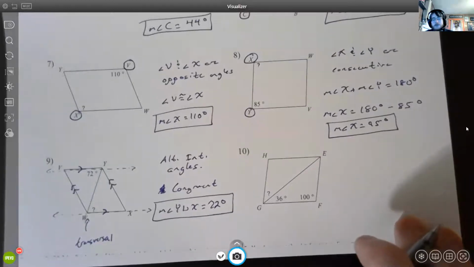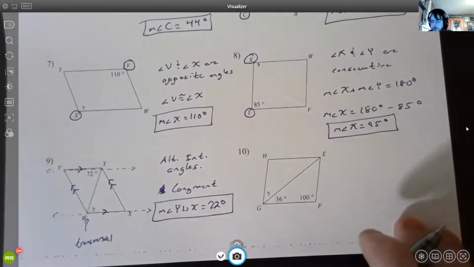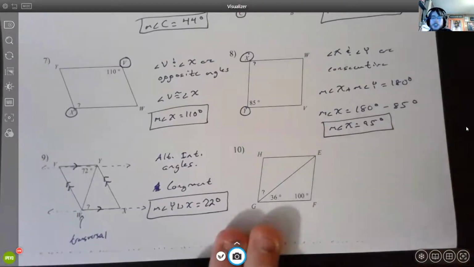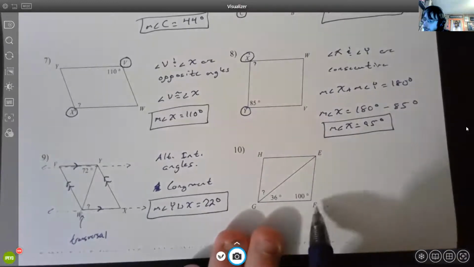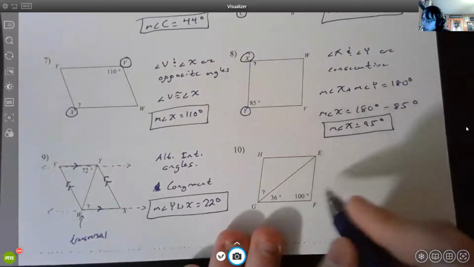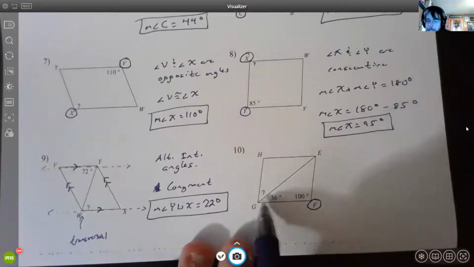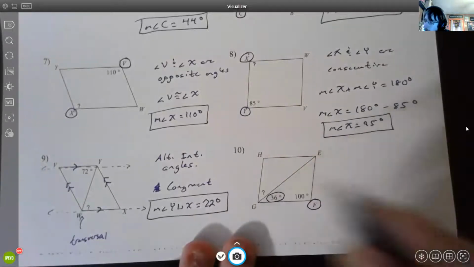All right, number 10. Now, number 10 is a bit of a tricky one. You'll notice that we still have the diagonals, and this is not just as simple as going, okay, they're consecutive, that means they add up to 180. They're opposite, that means that they are congruent. Okay, it's not that simple. Although we're going to be using those facts here to help us find the answer, you'll notice that you're given angle F to be 100 degrees, and you're given a part of G, not the whole thing, to be 36 degrees.